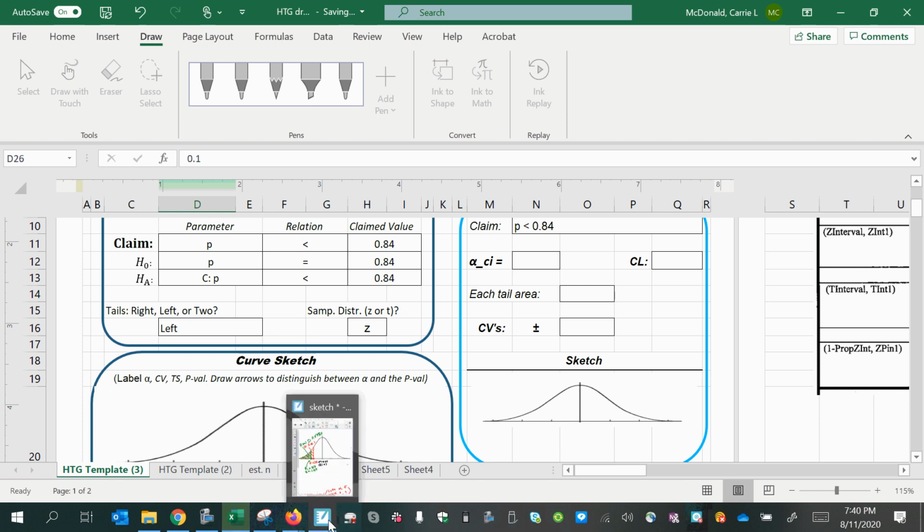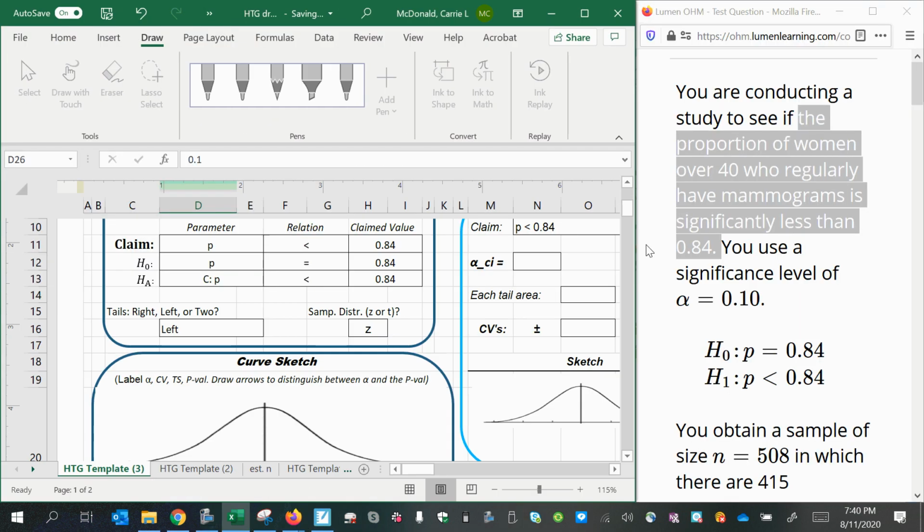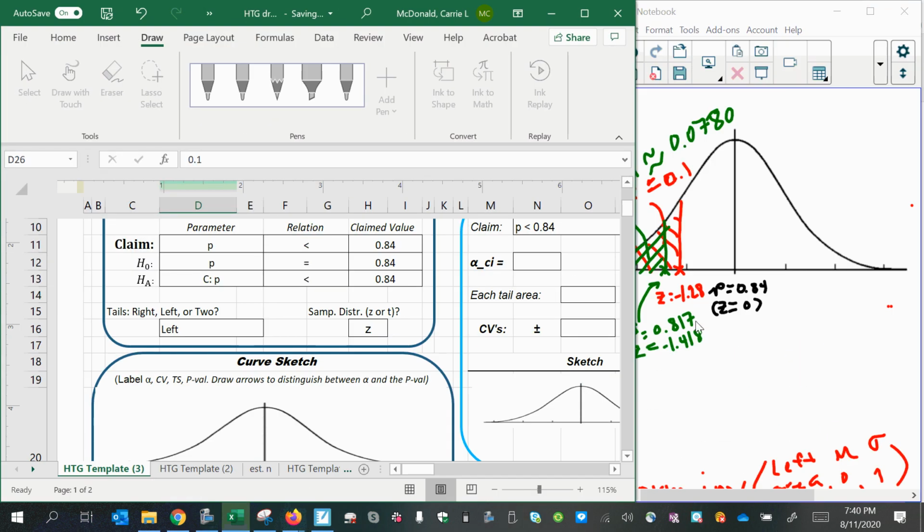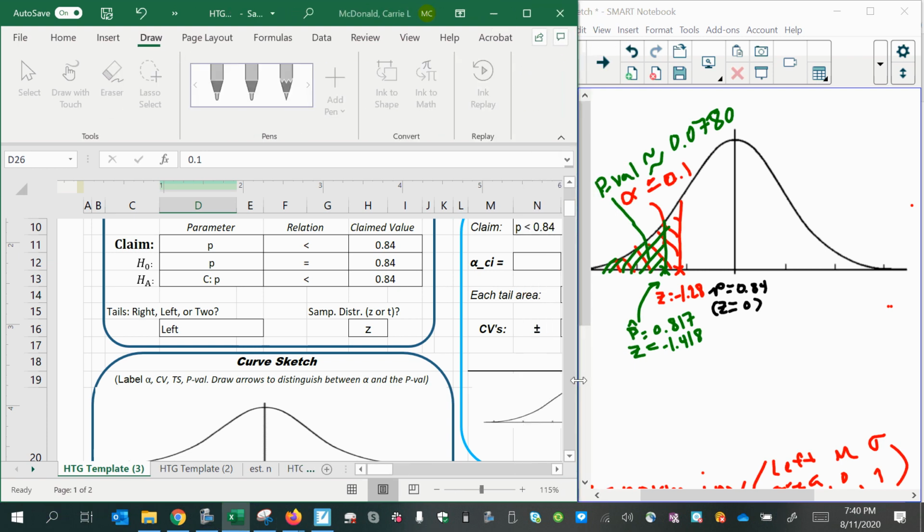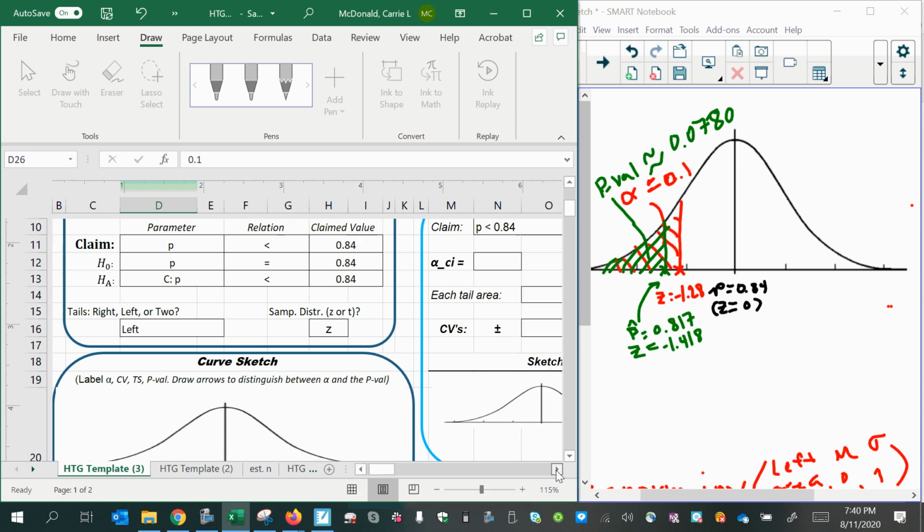So this makes sense because you want to match up the left-tailed area. Let's see our sketch again. You want to match up this left-tailed red area of 0.1 with the left tail on your confidence interval. And since confidence intervals have two tails, then you'll have to double that up.